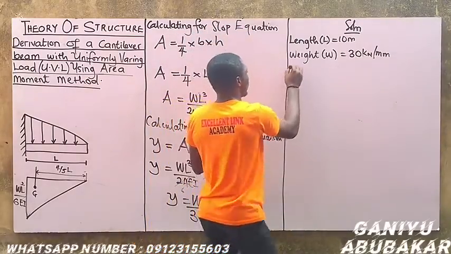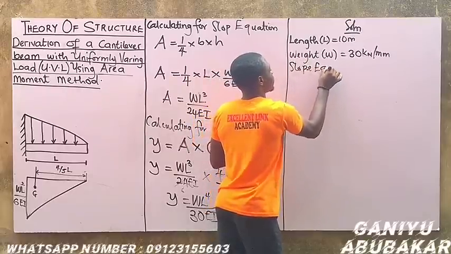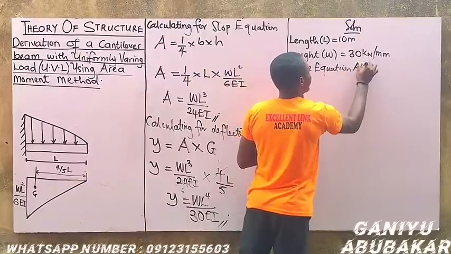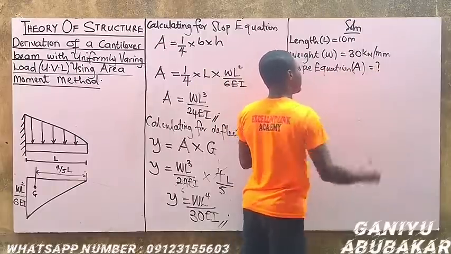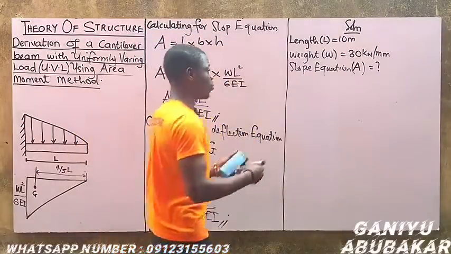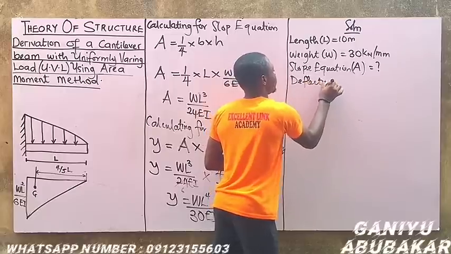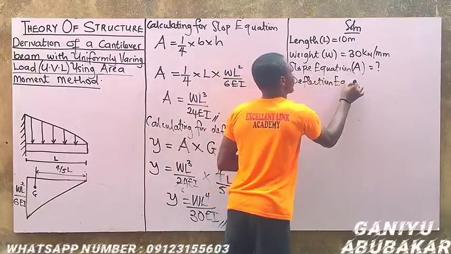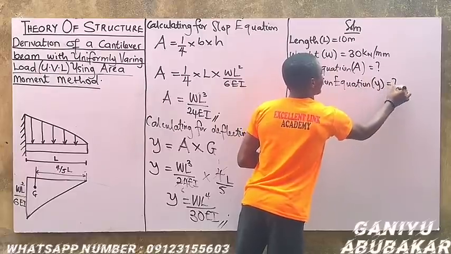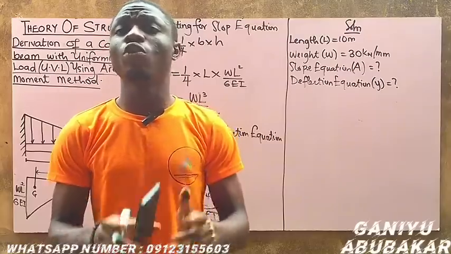Next up, find the slope equation. So slope equation, that's A. I don't know it. Next up, and deflection value, or perhaps deflection equation. So my deflection equation there is unknown. That's Y. Next up, the question says using area moment method. So there's a condition there.